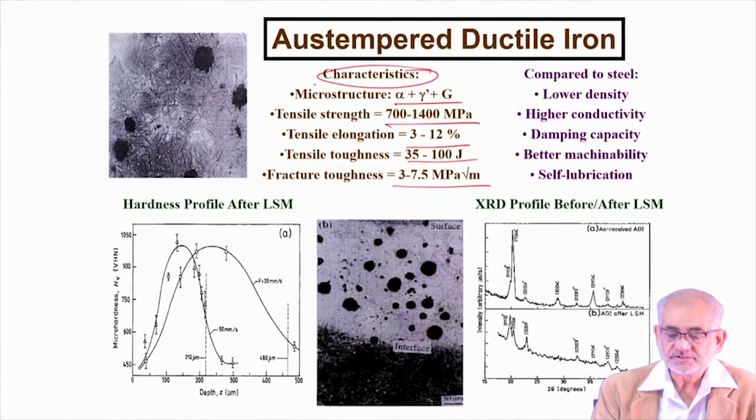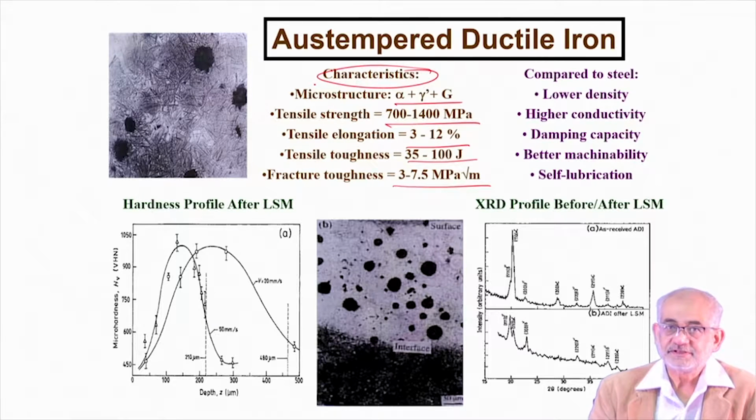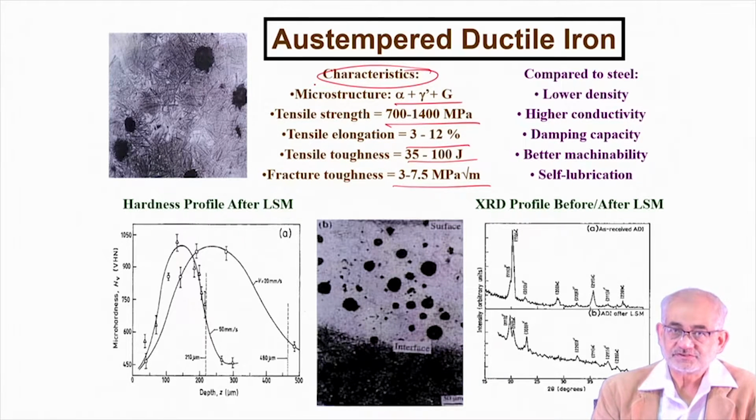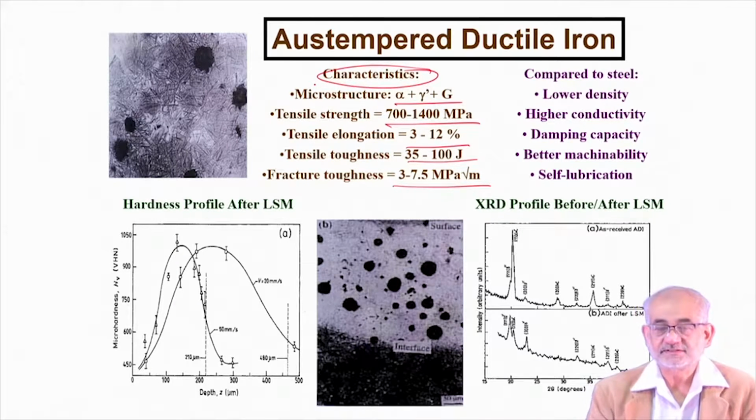What is important is that normally with cast iron, when you melt either the surface or the bulk and then solidify, you end up getting typically a transformed ledeburite microstructure. So the austempered structure is destroyed, and the toughness and tensile ductility and all those advantages are forfeited.